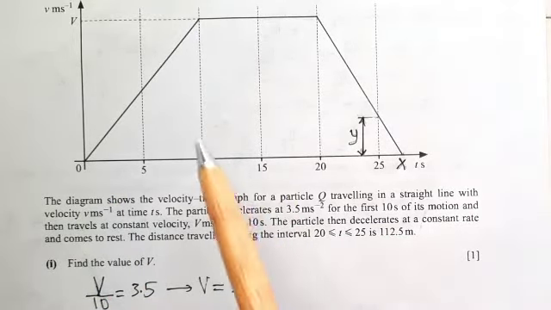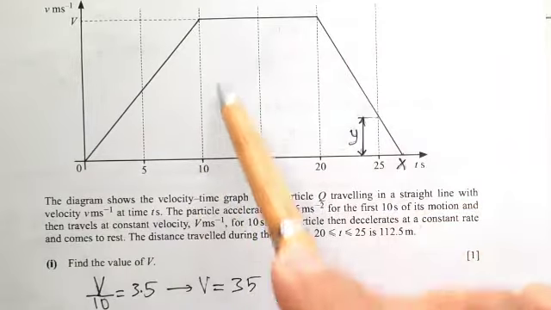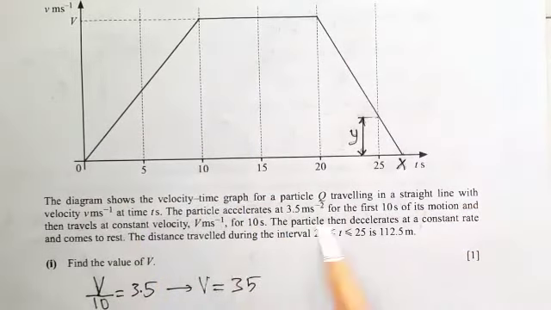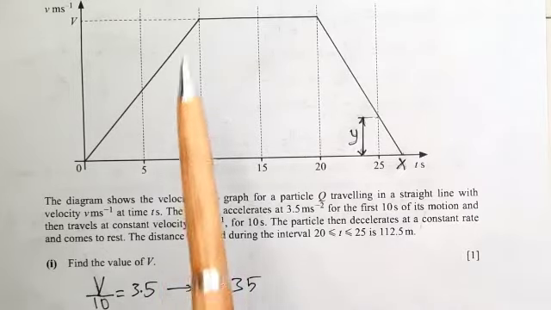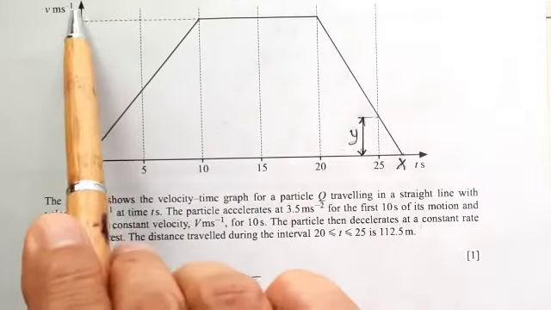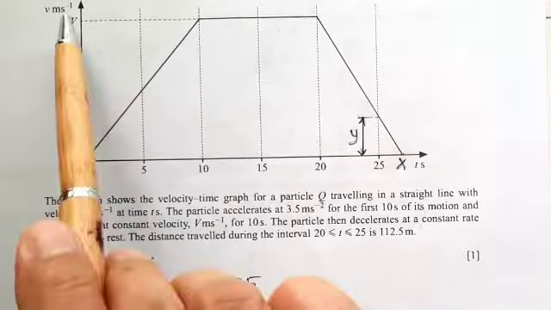Thus v divided by 10 equals the acceleration, that is 3.5. Thus v/10 equals 3.5, and cross multiplying, v is 35. So the value of v is 35.